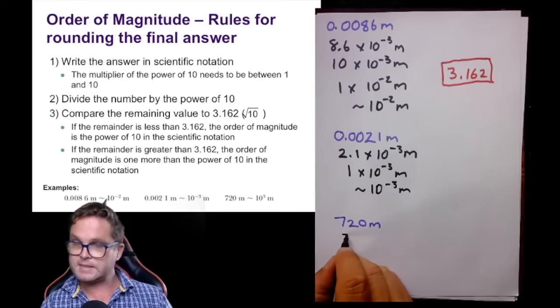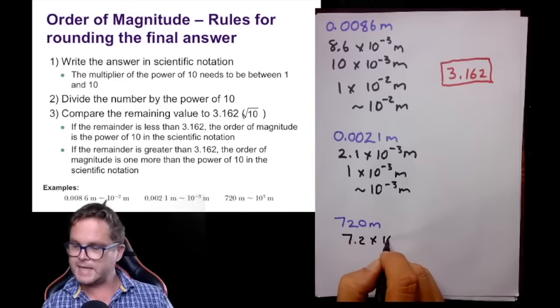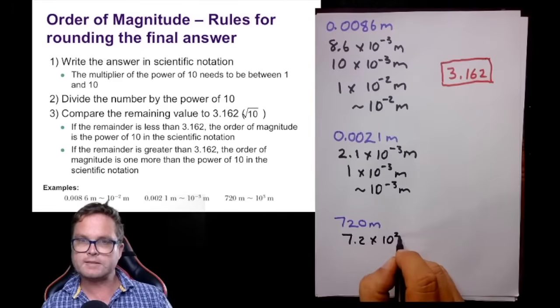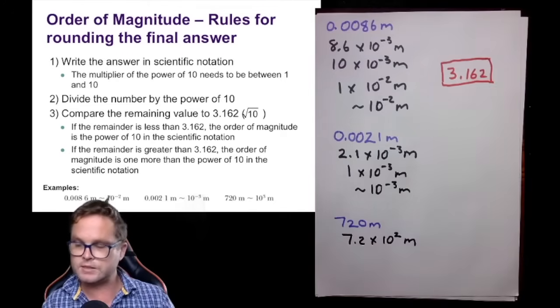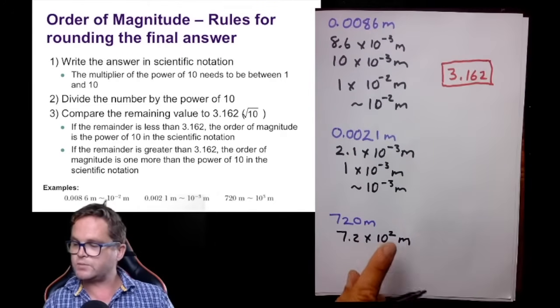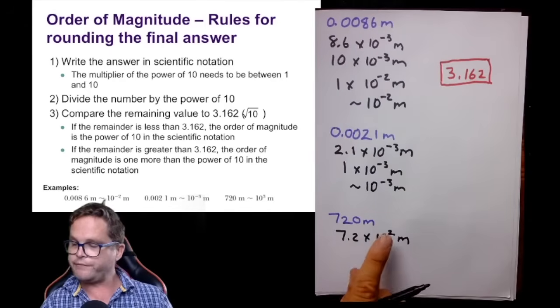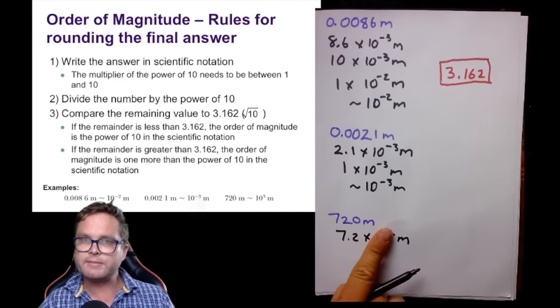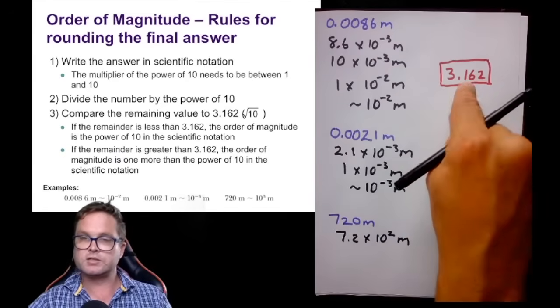If I write this in scientific notation, then it's going to be 7.2 times 10. This time it's going to be a positive power. So it's 7.2 times 10 to the 2 meters, right? The second step says we ignore this power. We don't look at the power. We just look at the number in front. Well, the number in front this time is 7.2. 7.2 is bigger than 3.162.